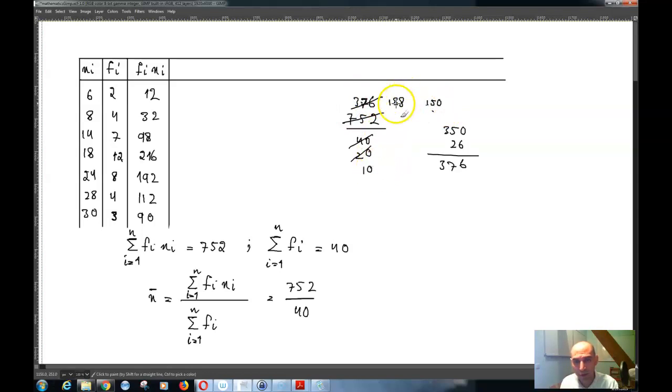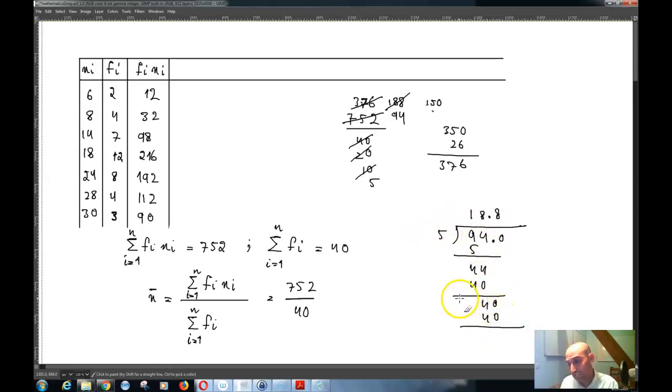Divide by 2, you'll get 94 over 5. Now 94 divided by 5 is equal to what? That gives 18 with 4 remaining, so 18.8.